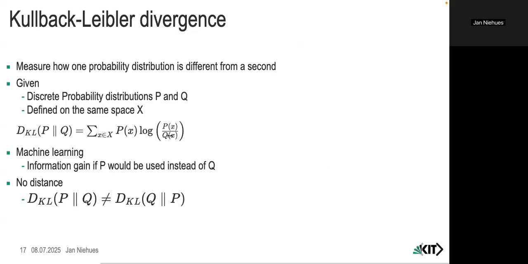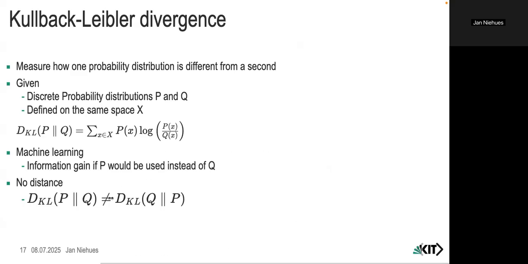And what only has to be kept in mind when you work with this Kullback-Leibler divergence, as we'll see, is that it's often used to compare two probability distributions. What you have to keep in mind is that this is not what is mathematically a distance.